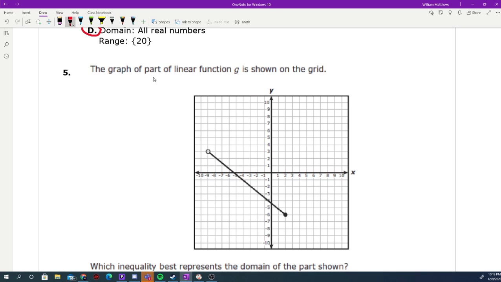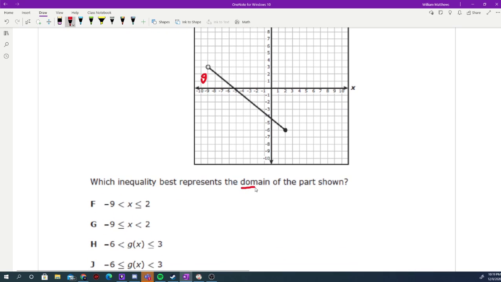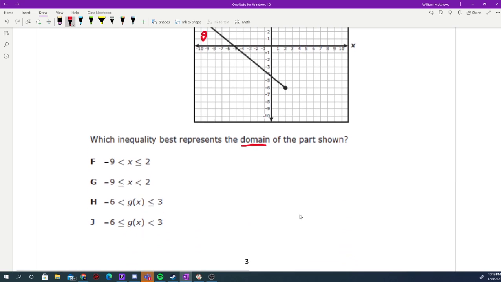Example 5 says the graph of part of linear function g is shown on the grid. So this is part of the linear function g. Which inequality best represents the domain of the part shown? So in this case, we need to know that domain is referring to our x variable.